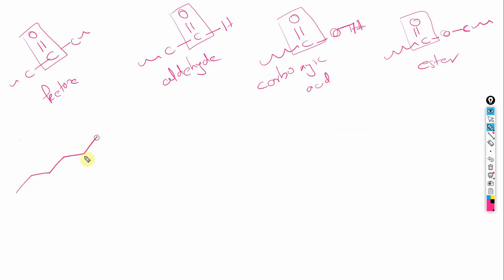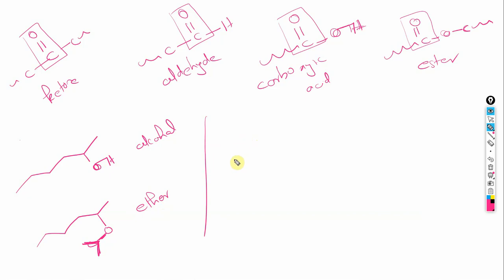If we have a carbon oxygen bond and a hydrogen, we call that an alcohol. And if we have a carbon oxygen carbon, so let's say a structure like this, that is an ether. Now if you replace the oxygen with the nitrogen, be it here or here, it's called an amine.